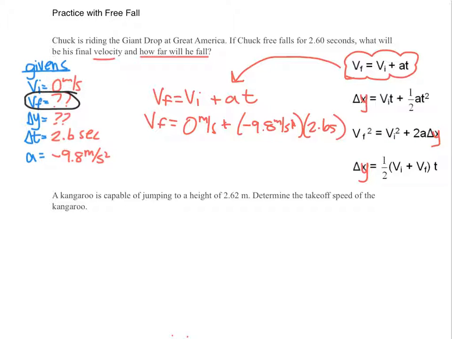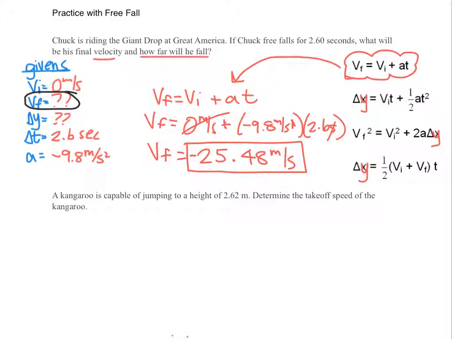One of the seconds will cancel out there, so I'm just left with a little multiplication. Because of the 0, we can cross that out. So final velocity, if we multiply negative 9.8 times 2.6, we get 25.48 meters per second. Now, we have to be careful because this is going to be a negative final velocity.